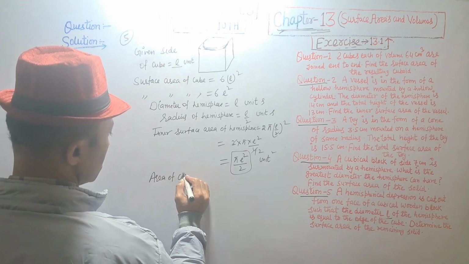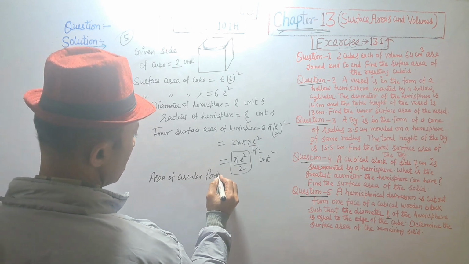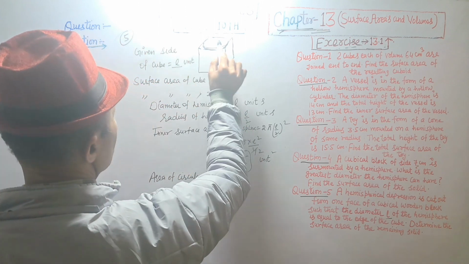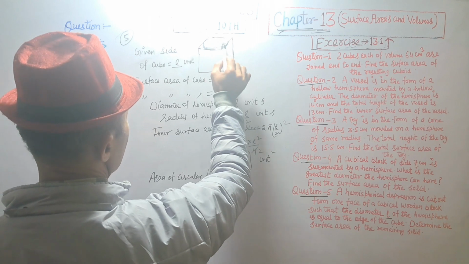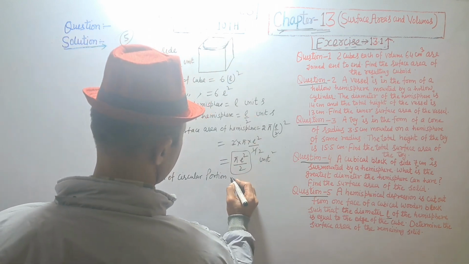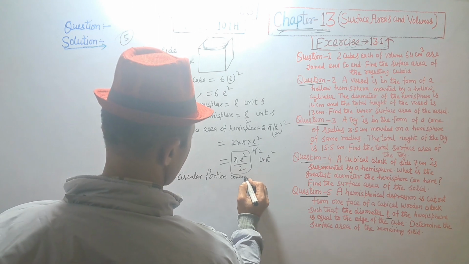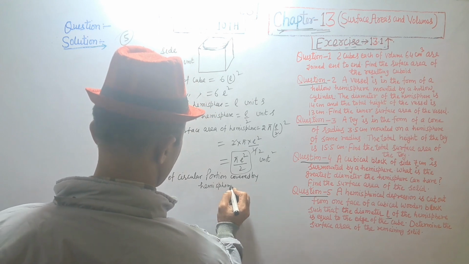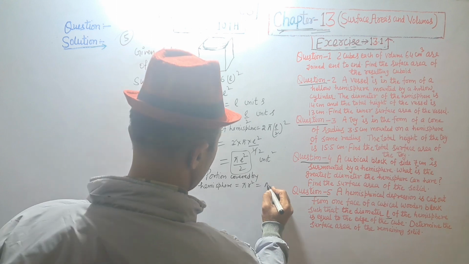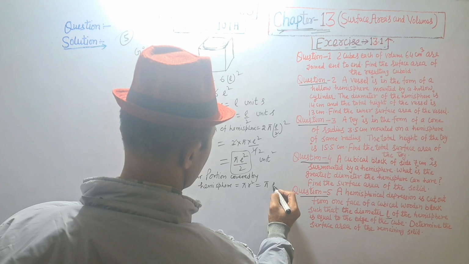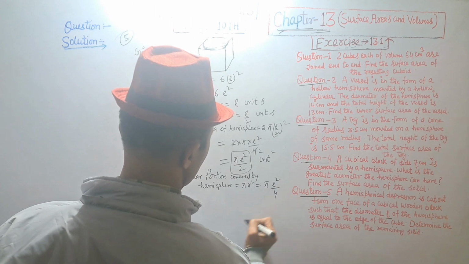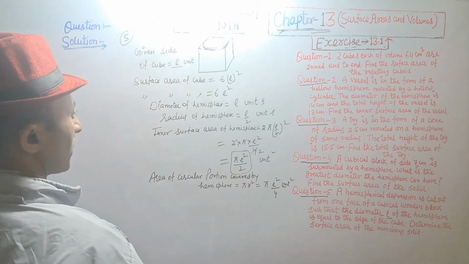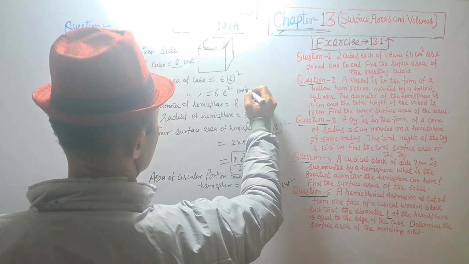Area of circular portion covered by hemisphere, that is equal to pi r square, pi into L square upon 4 unit square.